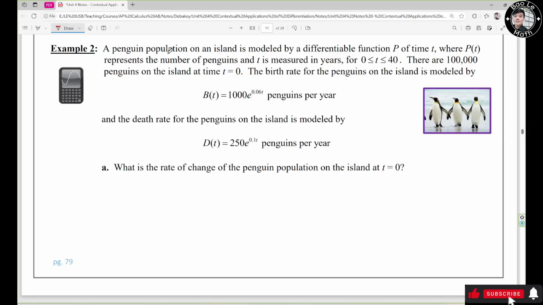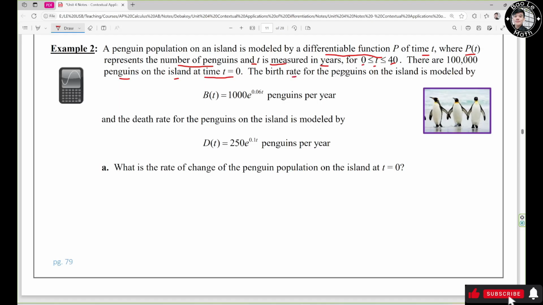A penguin population on an island is modeled by a differentiable function P of time t, where P(t) represents the number of penguins and t is measured in years. For t from 0 to 40, there are 100,000 penguins on the island at time t equals 0.